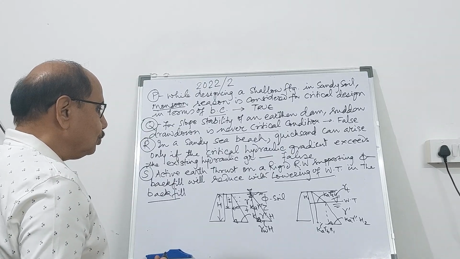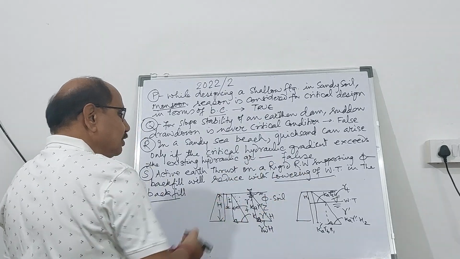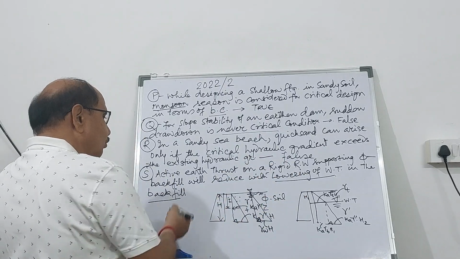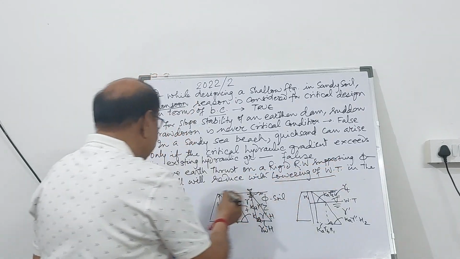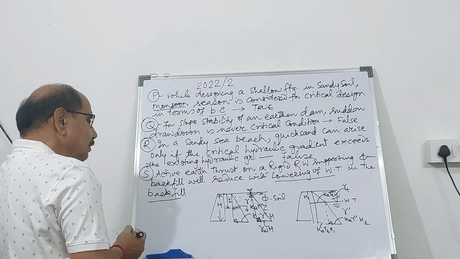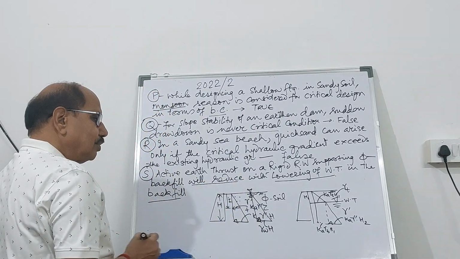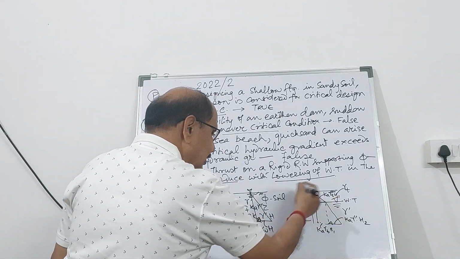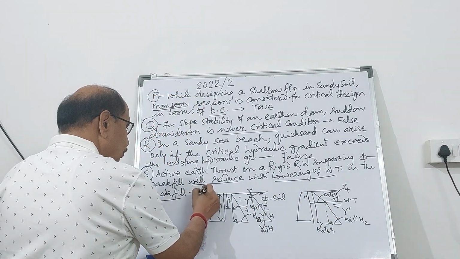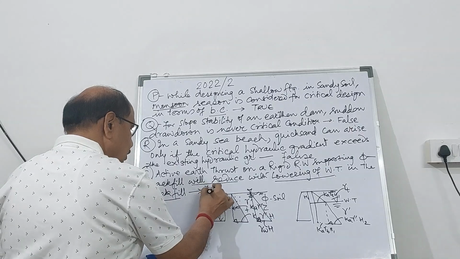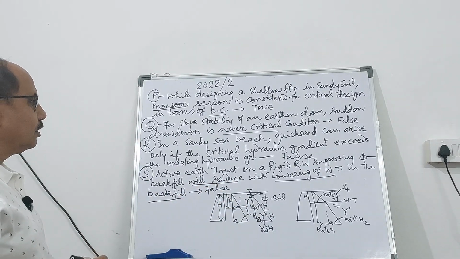So if you see in the light of this pressure distribution diagram and calculate the active earth thrust on a rigid retaining wall supporting phi backfill, it will not reduce. On the contrary, the thrust will increase. So will reduce is false. This is a false statement.